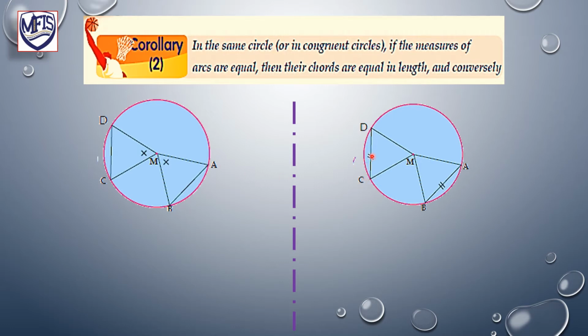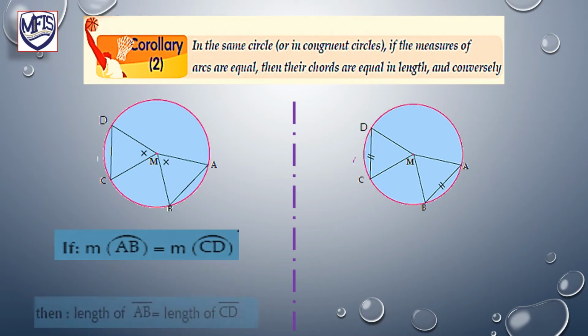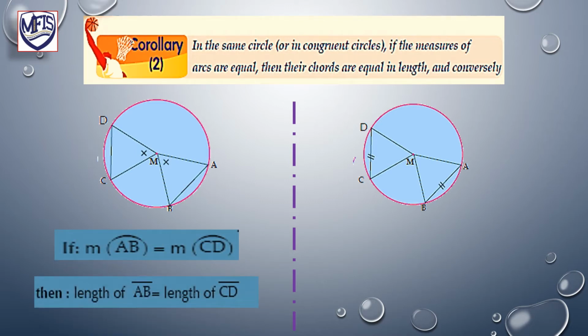If chord CD equals chord AE, therefore measure arc DC equals measure arc AB. Measure arc AB equals measure arc CD, therefore the length of chord AB equals the length of chord CD.